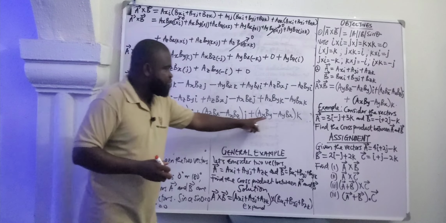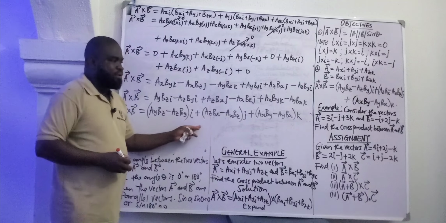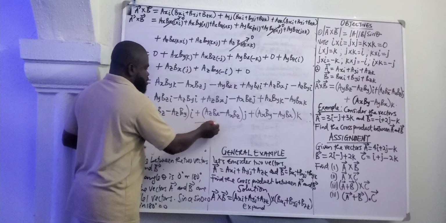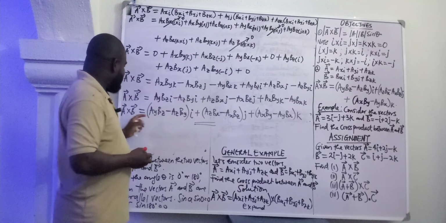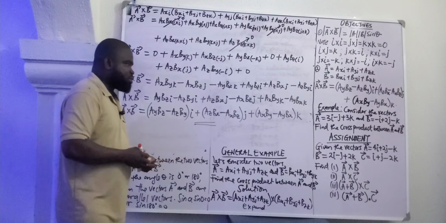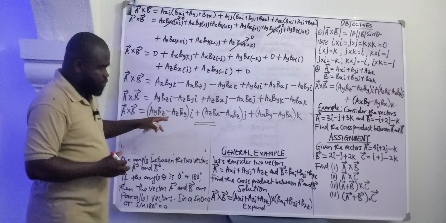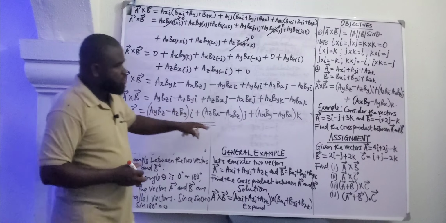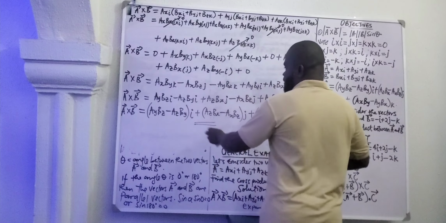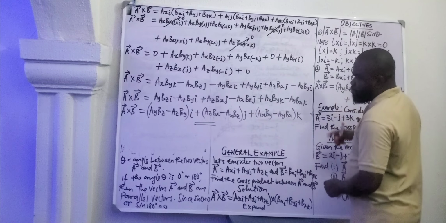I still have the unit vectors in my answer, which tells me that the resultant is what? A vector. If you cross two vectors, you obtain a vector. Now, I want to confirm that what I have arrived at is correct. So I'm going to compare this with what I have here.